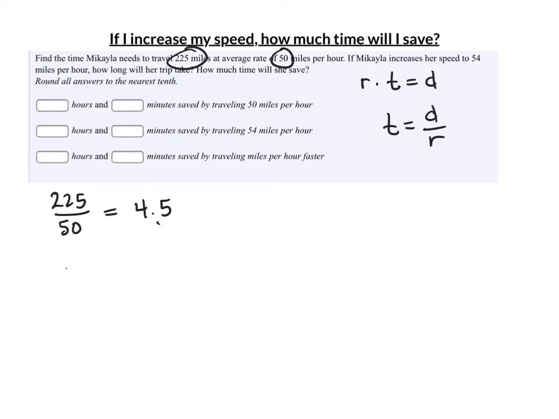So we'll take the decimal part and we'll multiply by 60. So this ends up being 4 hours and 30 minutes. 0.5 of an hour is 30 minutes. 0.5 times 60 is 30. So 4 hours and 30 minutes.